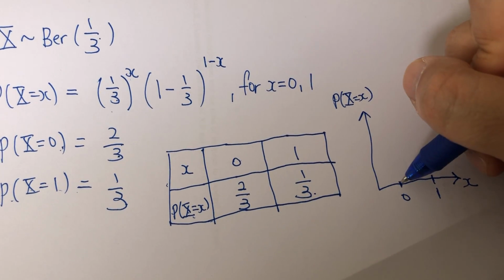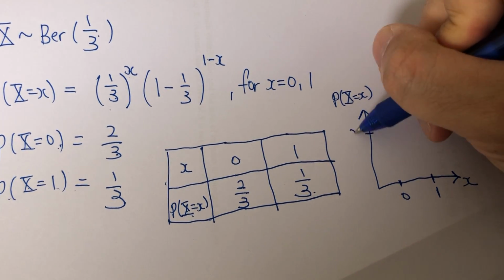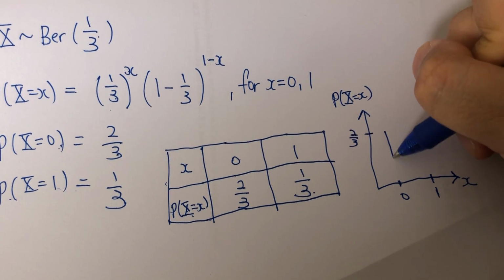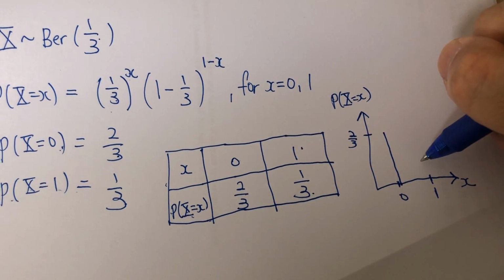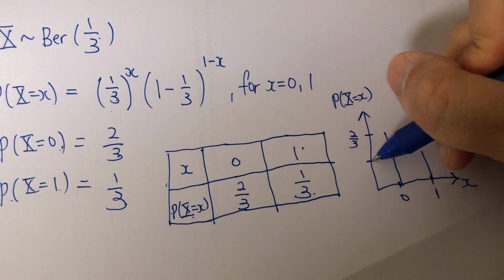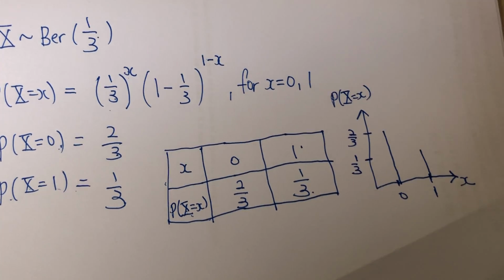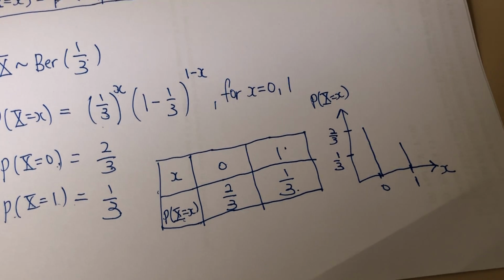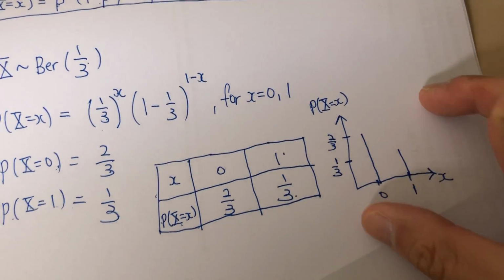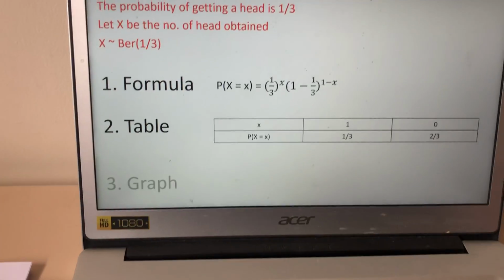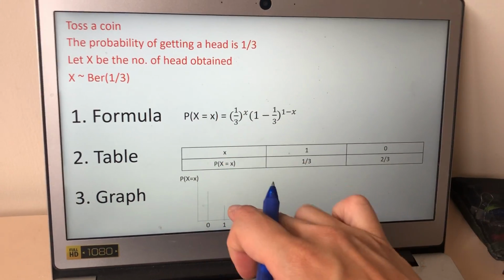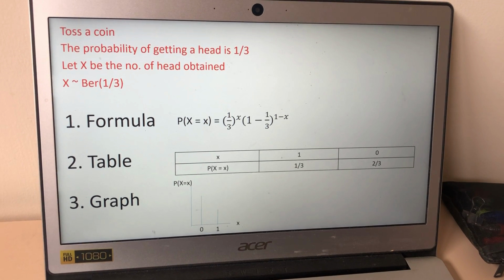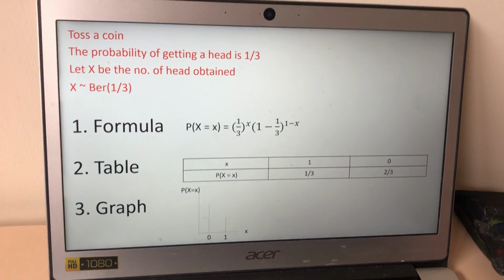When x is 0, the probability is 2 over 3, so you draw a bar. When x is 1, the probability is 1 over 3. Here the height is 1 over 3. Okay, so this is the graph. So the last way is using a graph. Right? So this is how we describe the probability distribution.